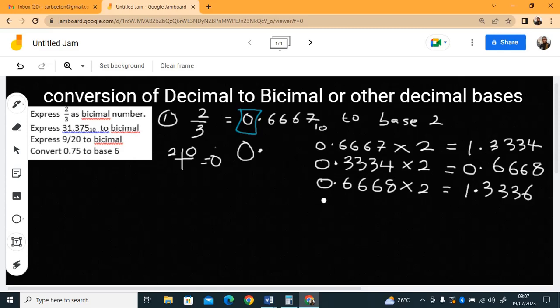Multiply it by 2 again. 0.3336 times 2. Remember, because we are converting to base 2, that's why I'm multiplying by 2. It's converted to bicimal now. So when you multiply this by 2, that will be 0.6672, right?